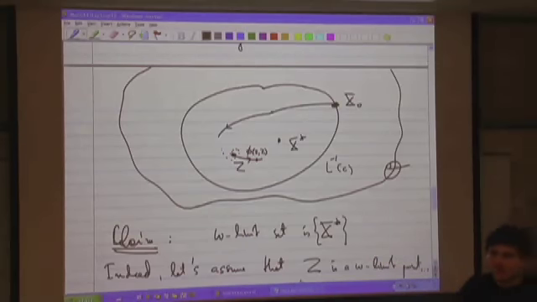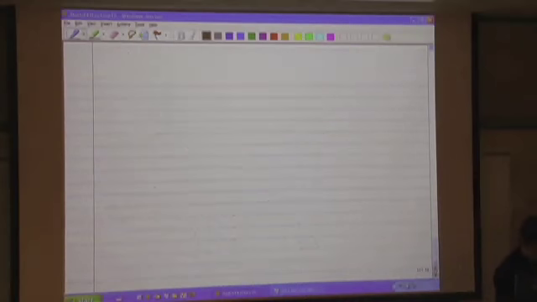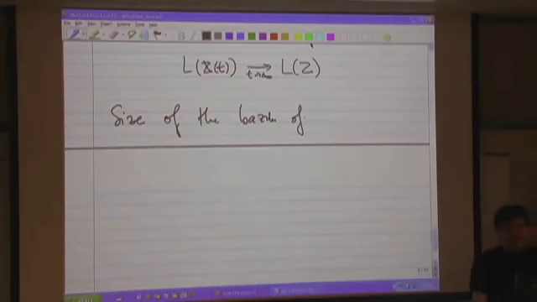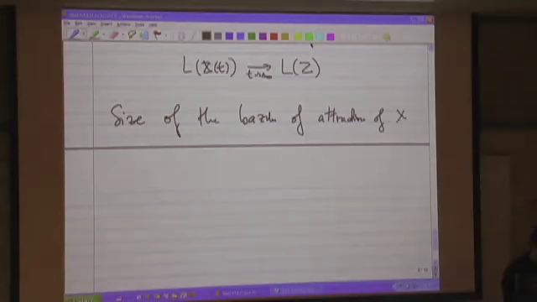So that's the Lyapunov stability. Let me say one more thing. The strength of this method is that it gives you the size of the basin of attraction of an equilibrium.